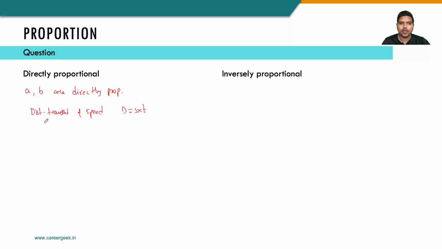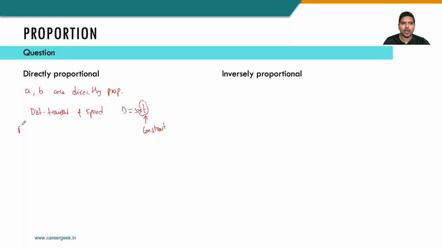Now important is when we are comparing distance and speed, we'll need to keep the other variables as constant. So time you will keep as constant. Now we know that if the speed increases, the distance traveled will also increase for the same time. Okay, so this is a classic case.